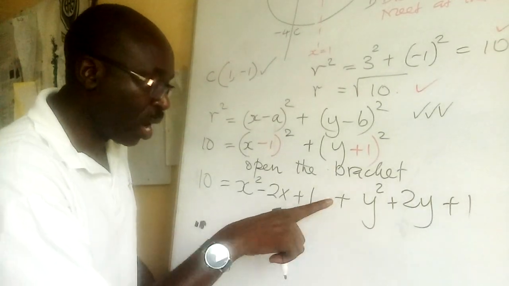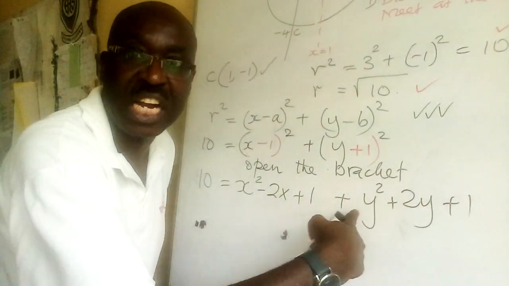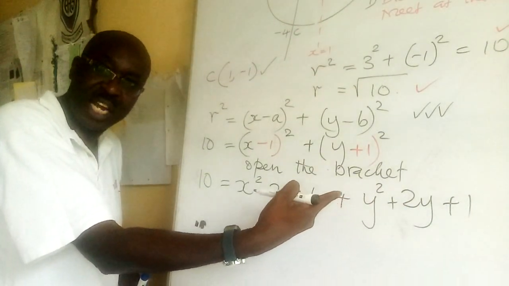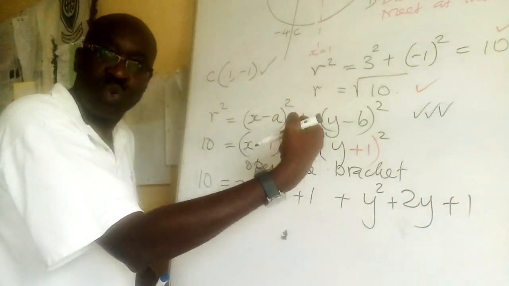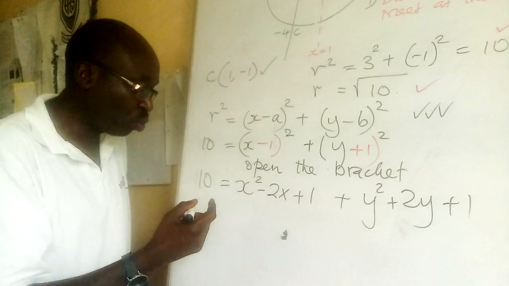So already I have 1 and 1, which are constant, should be removed from that side to this side. So 1 and 1 is 2. 2 to come this side, -2.